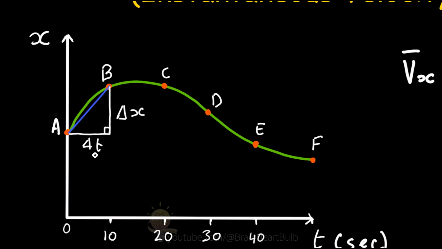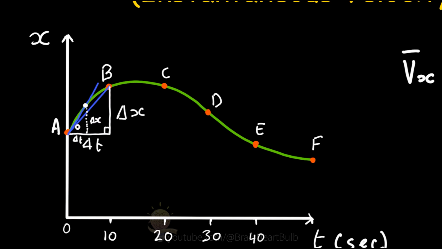But let's imagine for a moment that we shrink the values of delta x and delta t. So instead of measuring the average velocity between A and B, we measure the average velocity between A and a position between A and B. So something like this. So this point here. So you can see that our new value of delta x here is smaller than the original value of delta x here. So we've got a smaller value of delta x and a smaller value of delta t.